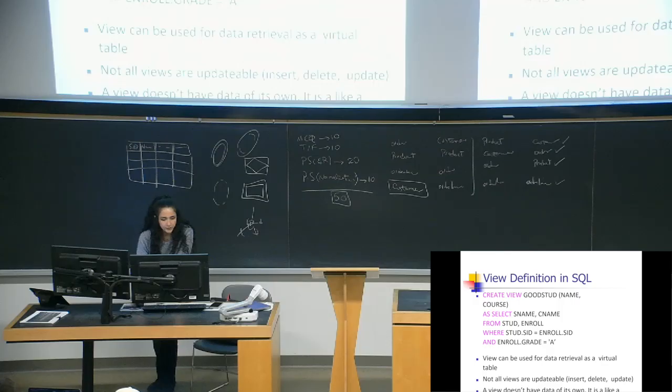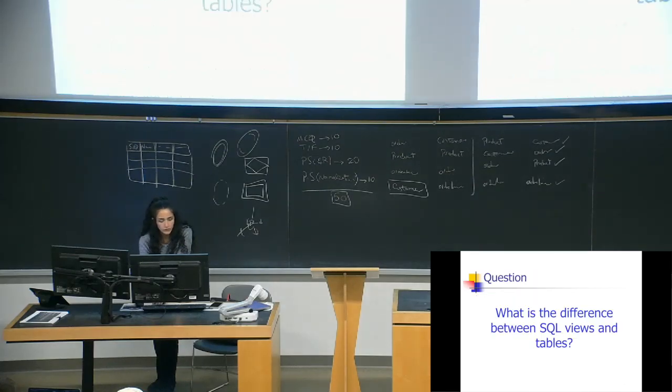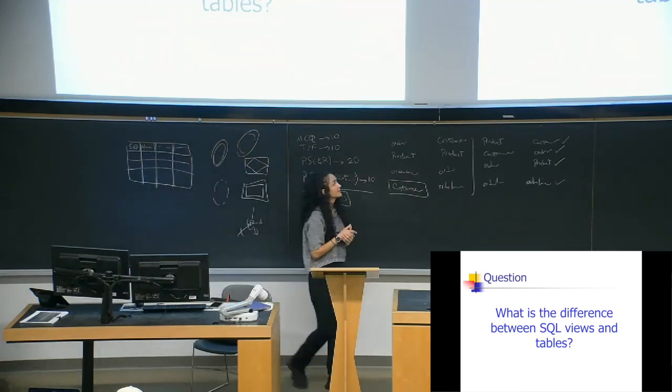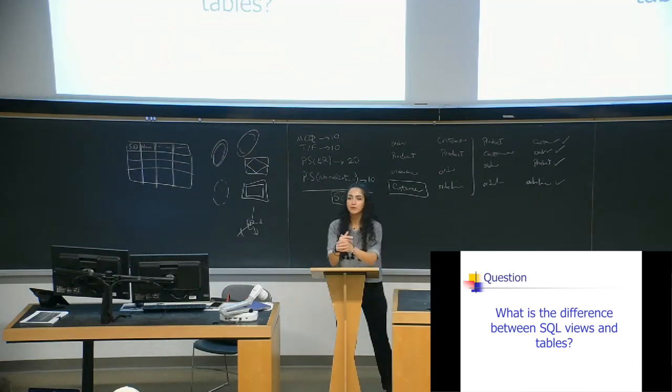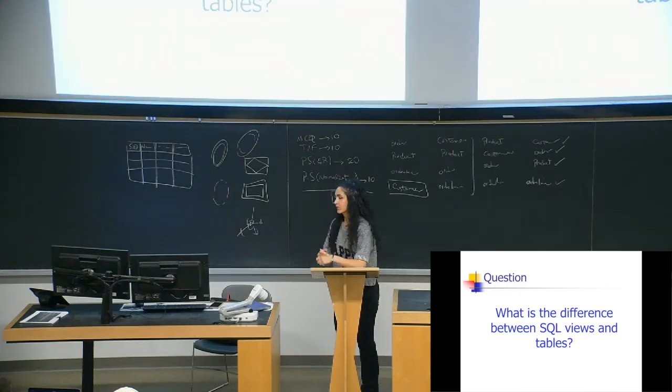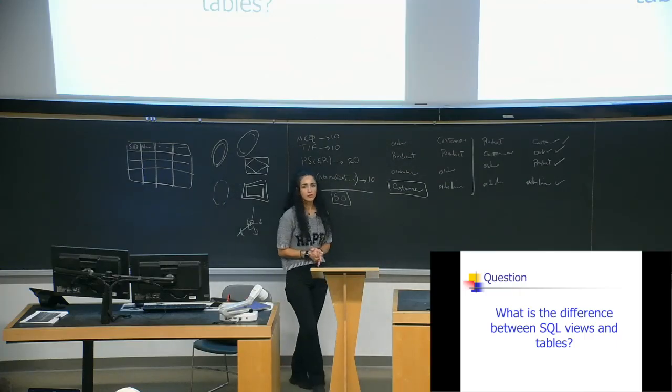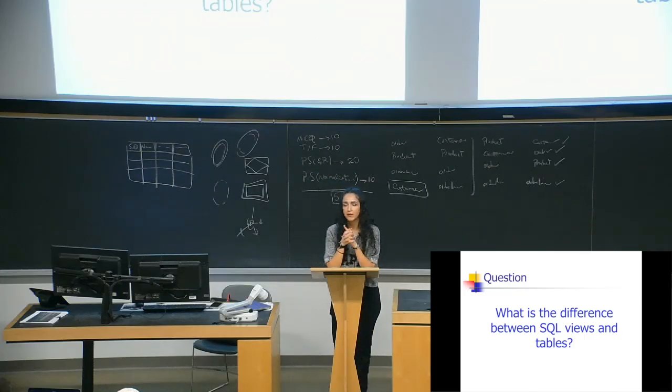So I already mentioned this, but let's see if you listen to me. What is the difference between SQL views and tables? Because if you're creating, let's say, a table view, for example, good student, right?